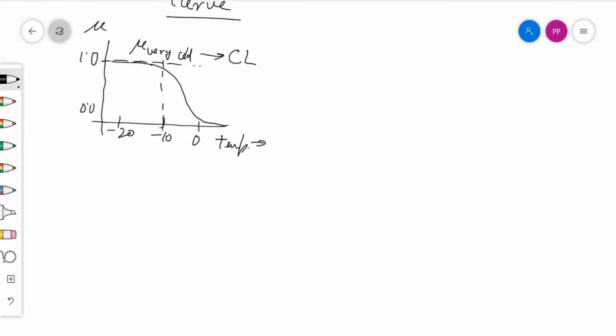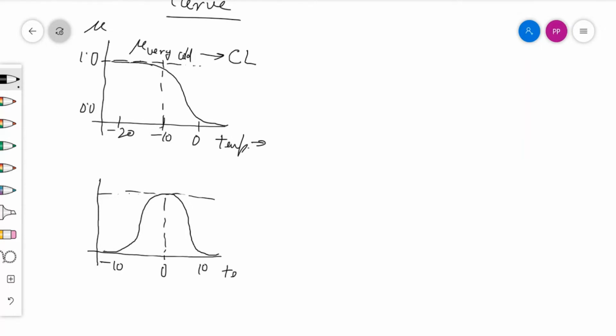How do we define it? We can define it like this. If this is the curve, we are going from -10 to +10 in temperature.